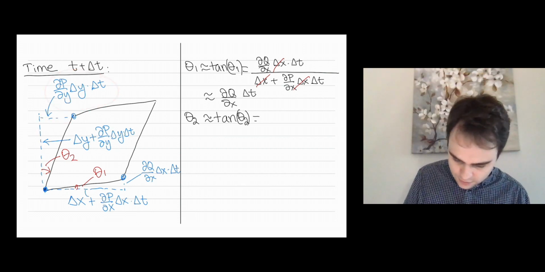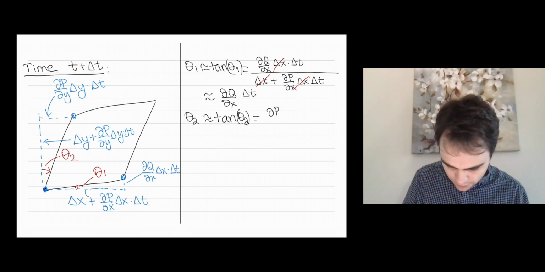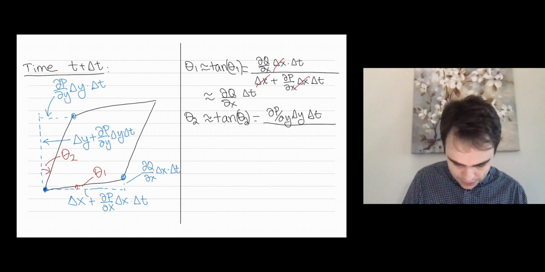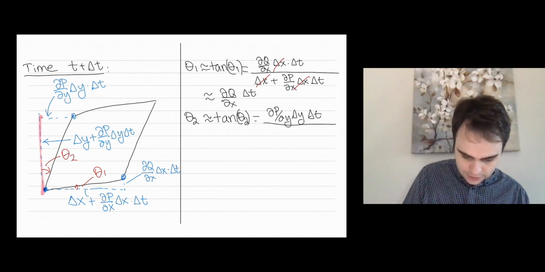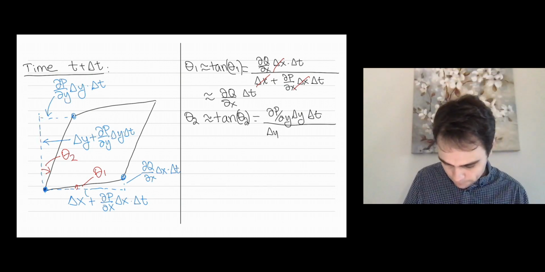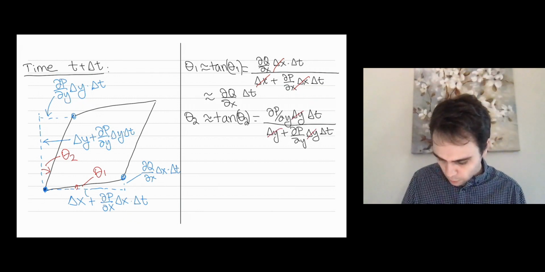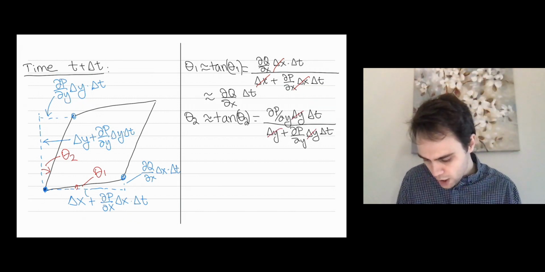That's dp/dy delta y delta t divided by the adjacent length, that's delta y, plus dp/dy delta y delta t. So again, we can cancel the delta y's, and then we're left with 1.